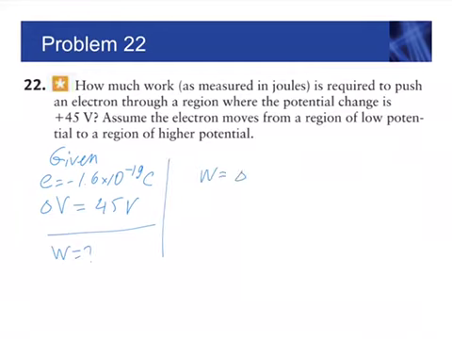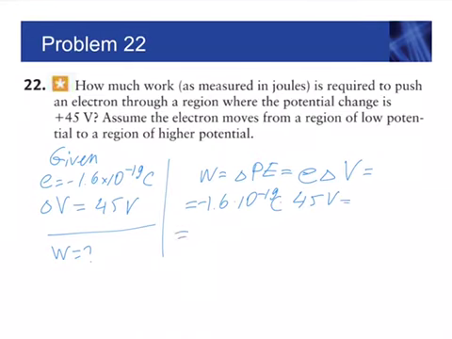Work is equal to the change in potential energy. Hence, it equals electron charge times delta V. Hence, negative 1.6 times 10 to the negative 19 coulombs times 45 volts. Hence, we're going to get negative 7.2 times 10 to the negative 18 joules.